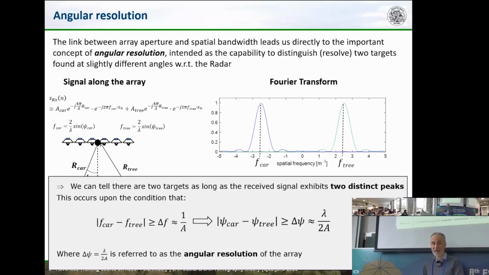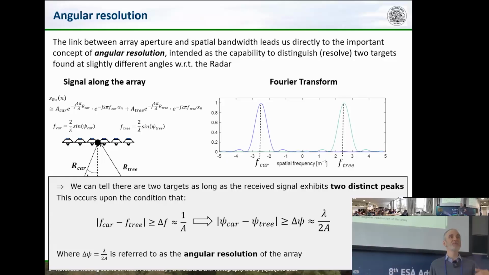by a distance A, we can also talk of angular resolution. So the capability of the radar to discriminate different targets because they are in different angular positions.